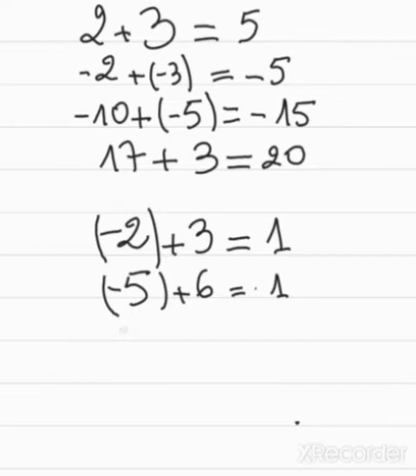Let's take 2 plus negative 10. Now the largest absolute value is that of negative 10, so we keep the minus and subtract 2 from 10 to get 8.